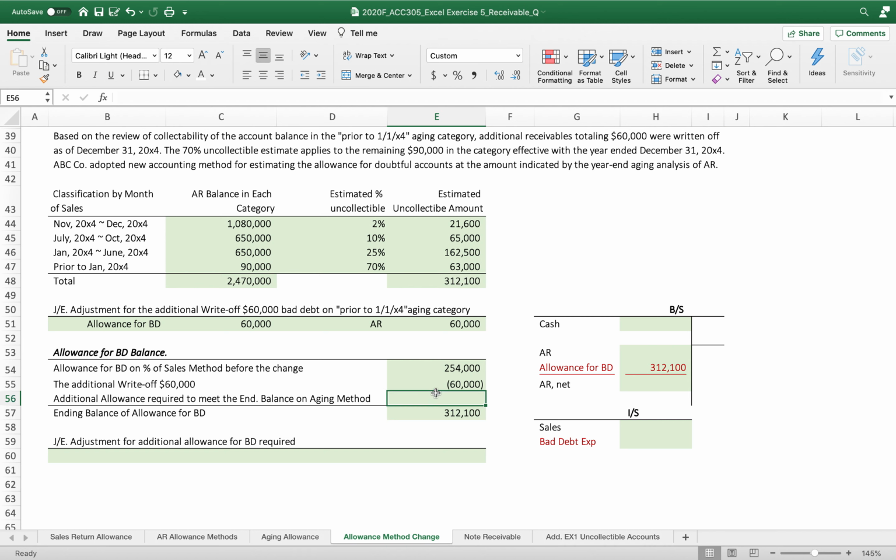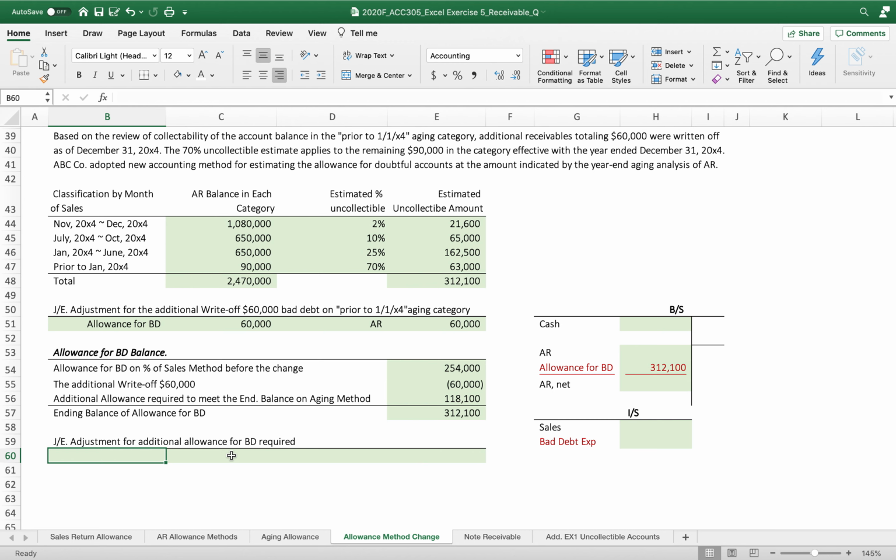Here, how to get it? Just plug in this minus, open the parentheses. Now, after the write-off, we have a new balance of this, and then subtracted from 312,100. So 118,100 is the additional allowance for bad debt we have to record.